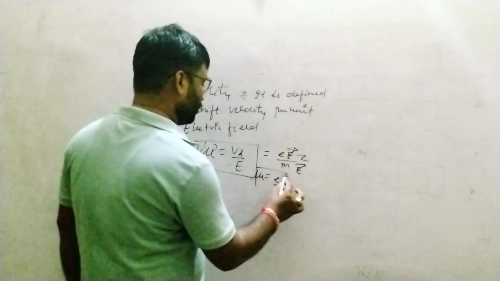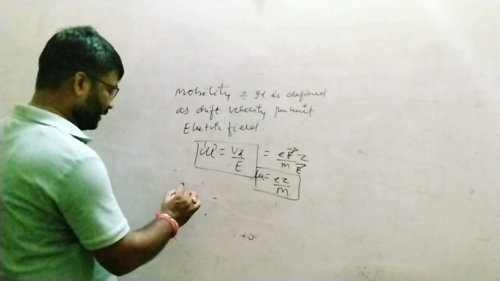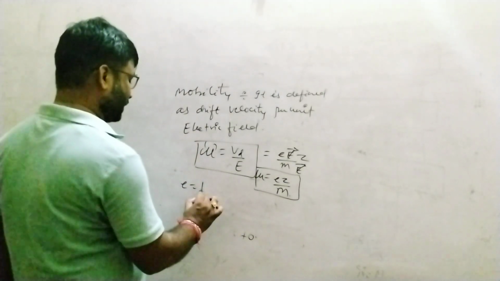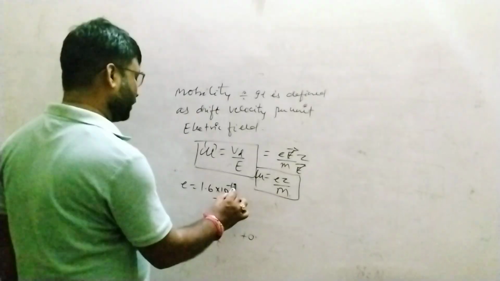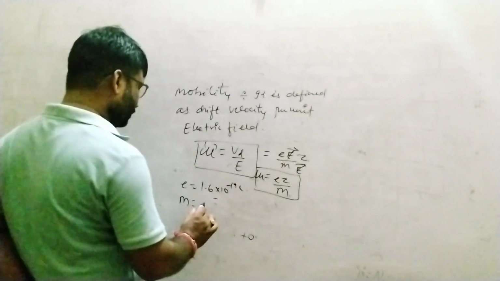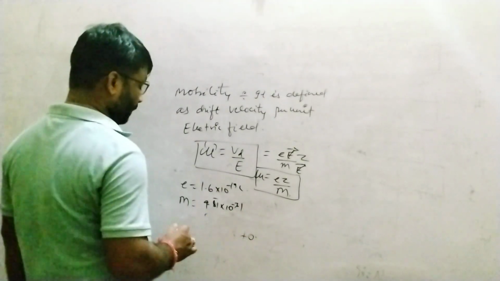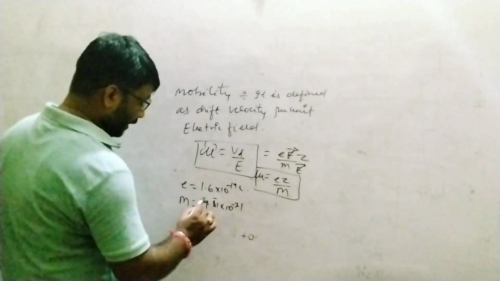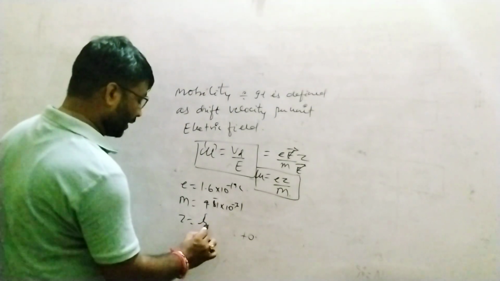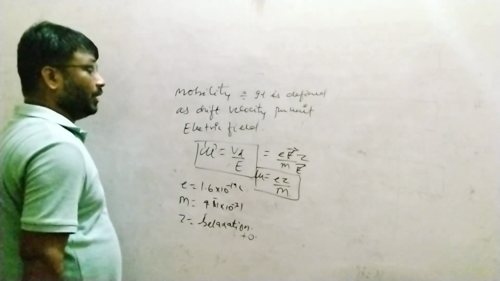This is mu equal to e into tau by m, where e is the charge on electron, that is 1.6 into 10 to the power of minus 19 coulomb. m is the mass of electron, that is 9.1 into 10 to the power of minus 31 kg. And here tau is relaxation time. This indicates the time elapsed between two successive collisions.